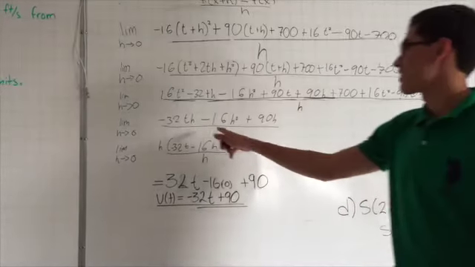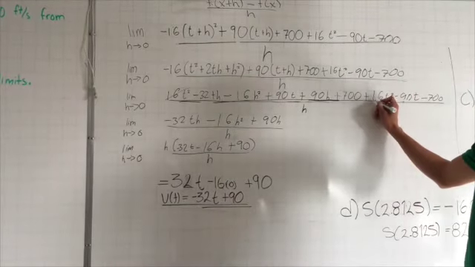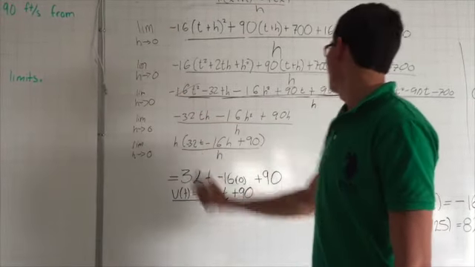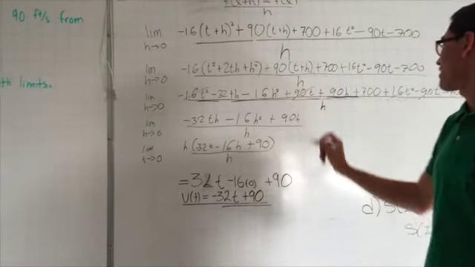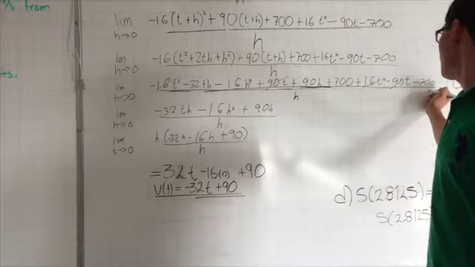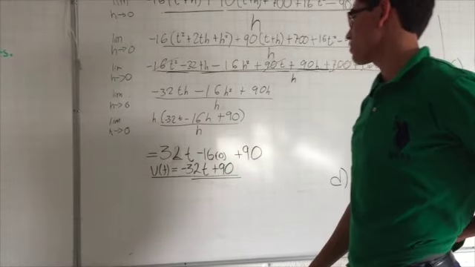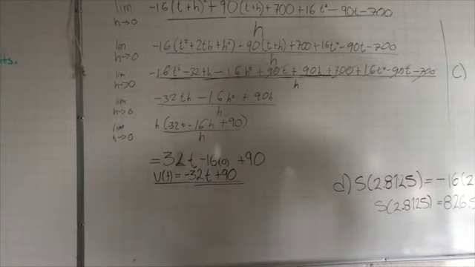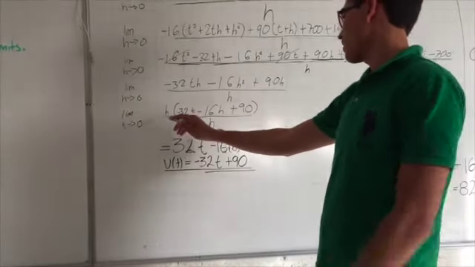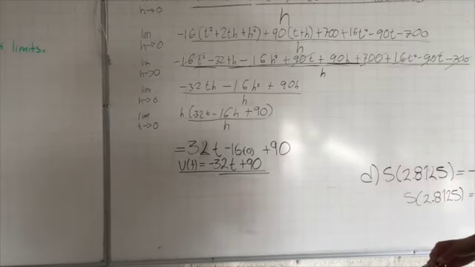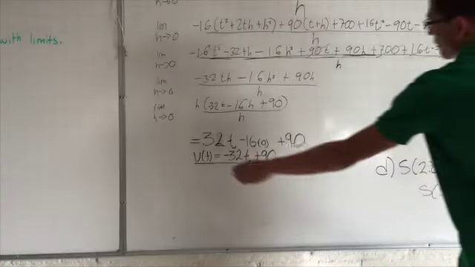And then we eliminate: minus 16t squared goes out with plus 16t squared, then minus 90t goes out with plus 90t, and 700 goes out with minus 700, and we get minus 32th minus 16h squared plus 90h over h. Then we take the common factor of h, and we have h times minus 32t minus 16h plus 90 over h, and we substitute h with 0, and we get the velocity function.